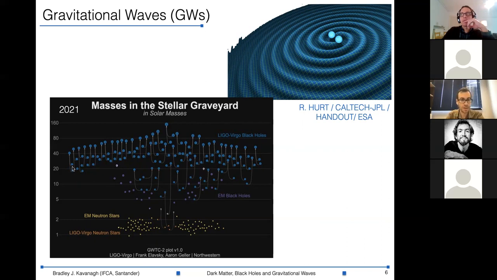Okay, and so each of these pairs of blue points is two black holes which have merged to form another black hole and which have been observed by the LIGO-Virgo detectors. Okay, and now we have LIGO-Virgo-KAGRA. Okay, and so what this does is it gives us a different tool, a different thing that we can use to see the universe. And the question is, how can we use this to look for dark matter?